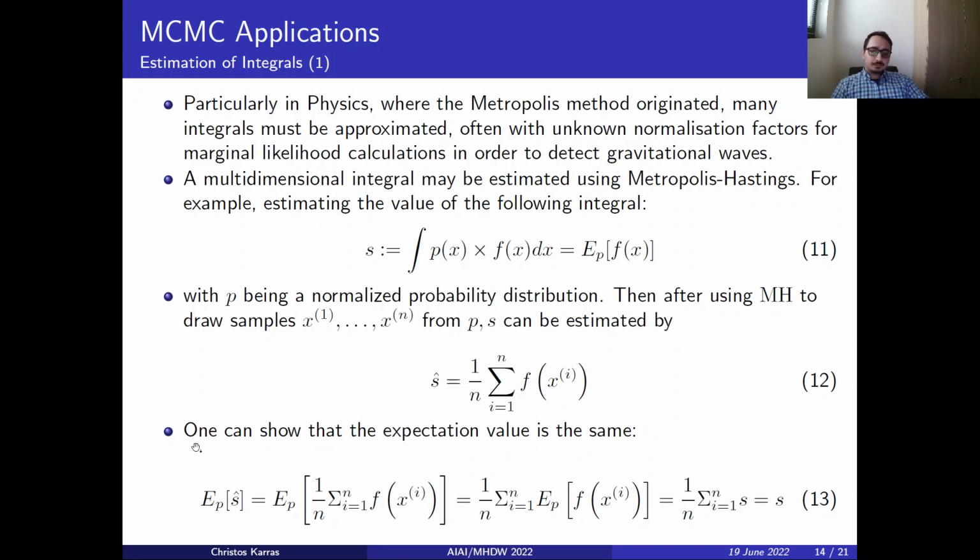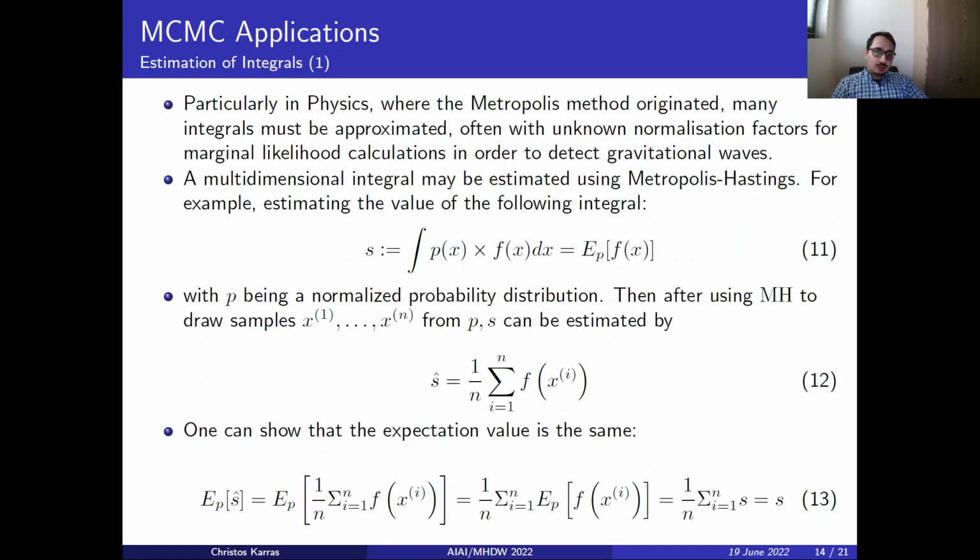Solving that approximation, or that estimator, this is the estimation of S hat, which is basically equation 12, the approximation of the integral in equation 11. You can see that the result is the initial integral S.